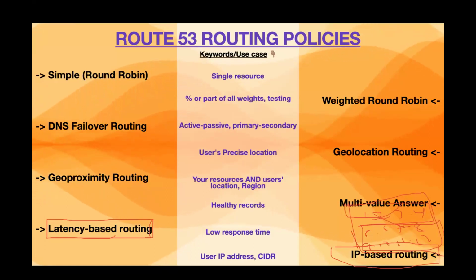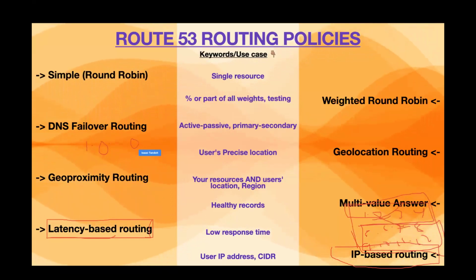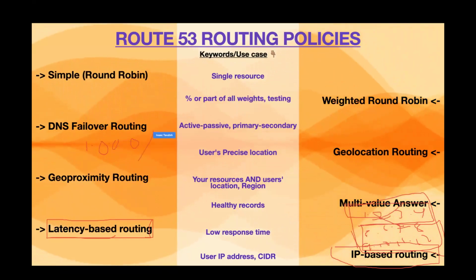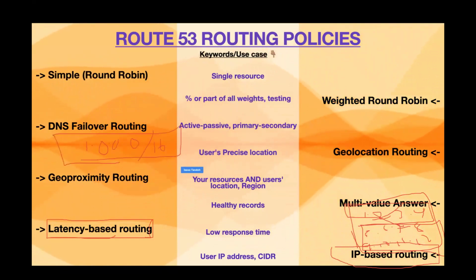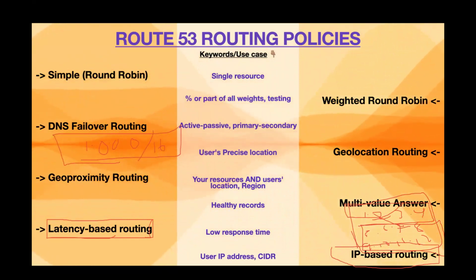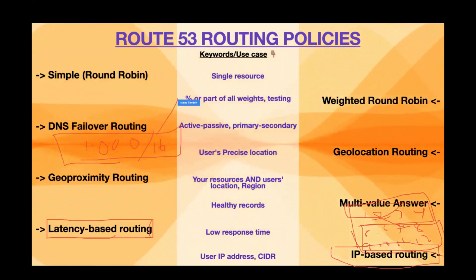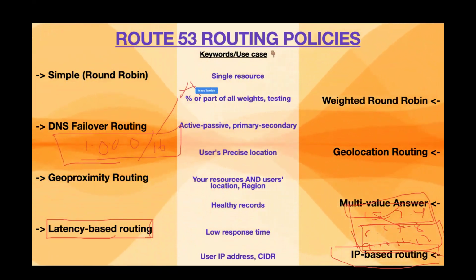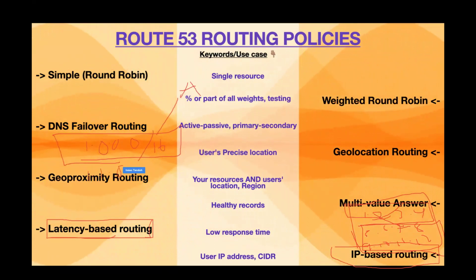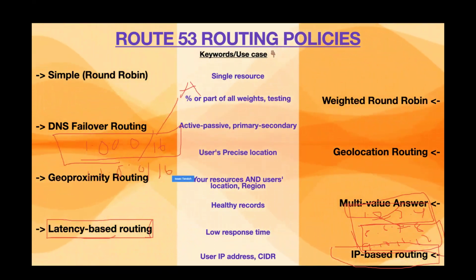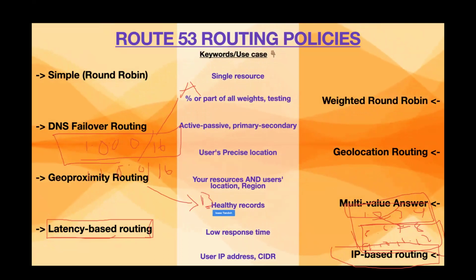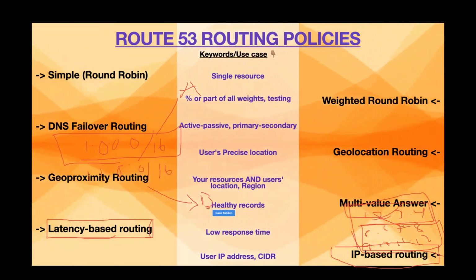You say, okay, anybody with an address range from 1.0.0.0/16, so any address that falls within 1.0, from 1 to 255 here and then 1 to 255 here, should be routed to maybe server A. And then 1.1.0.0/16 should be sent to server B. So you are just specifying IP ranges, so it doesn't matter where the person is.